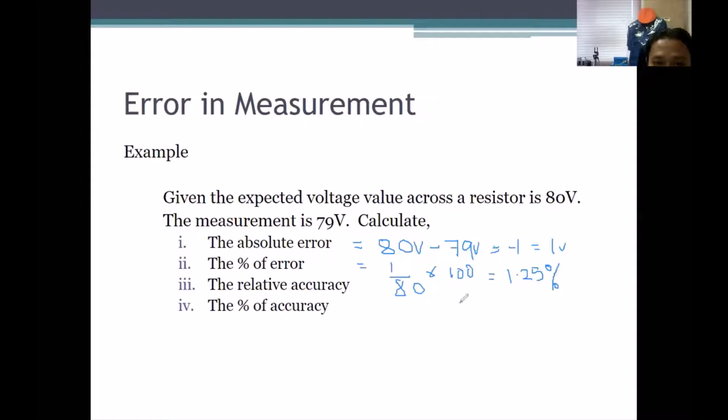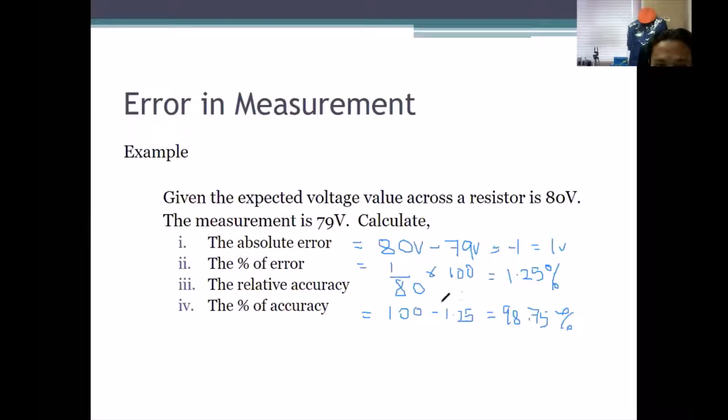To calculate the percentage of accuracy here, it is 100 minus 1.25, so 98.75 percent.